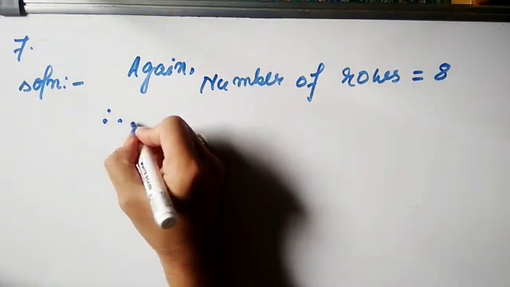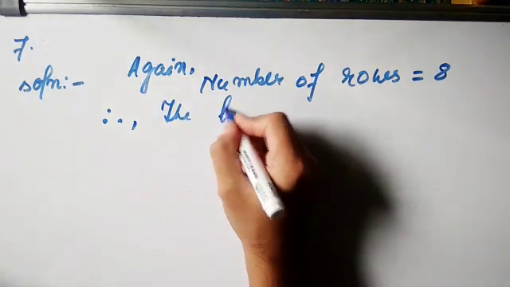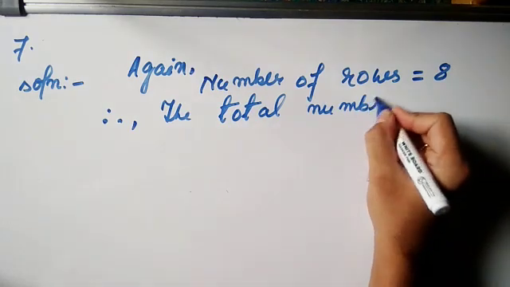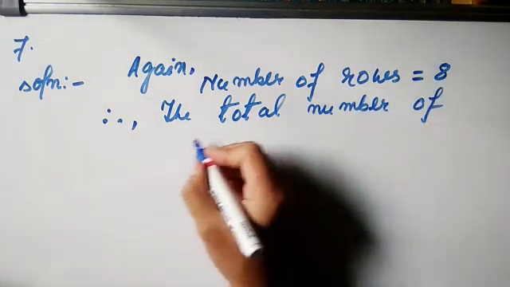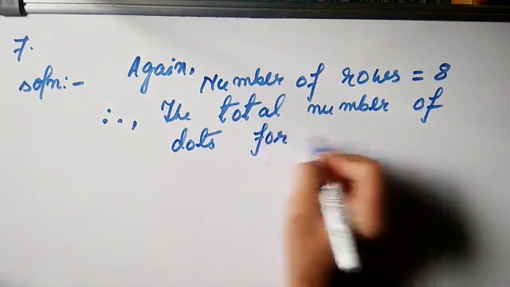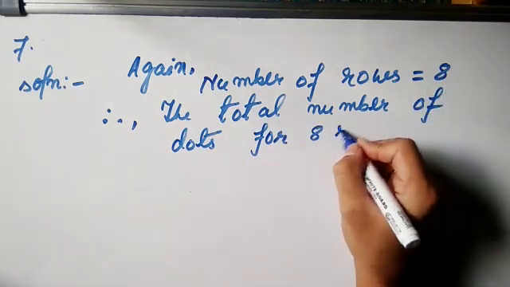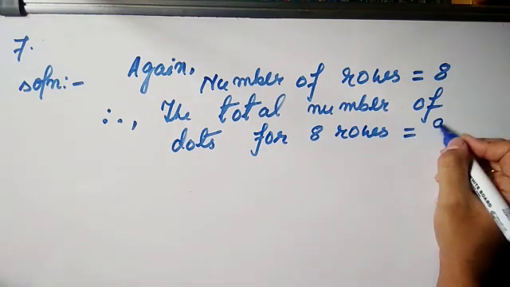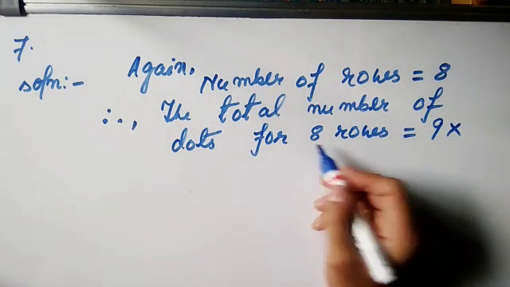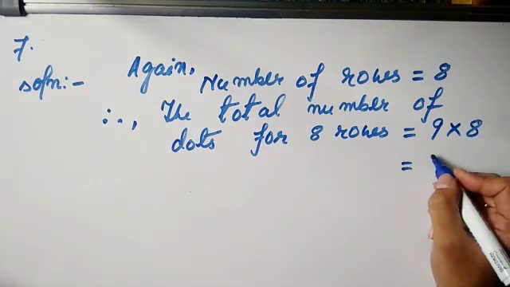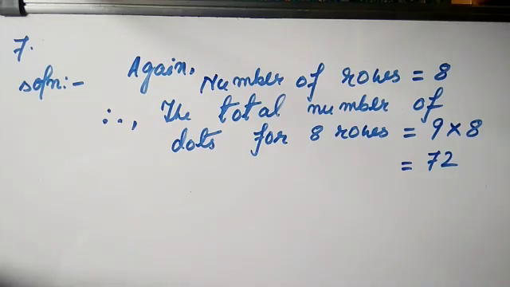So again, therefore, the total number of dots for 8 rows will be given by 9 multiplied by the number of rows, that is 8. So what is 9 times 8? Yes, 72. Understood? This is our second answer.